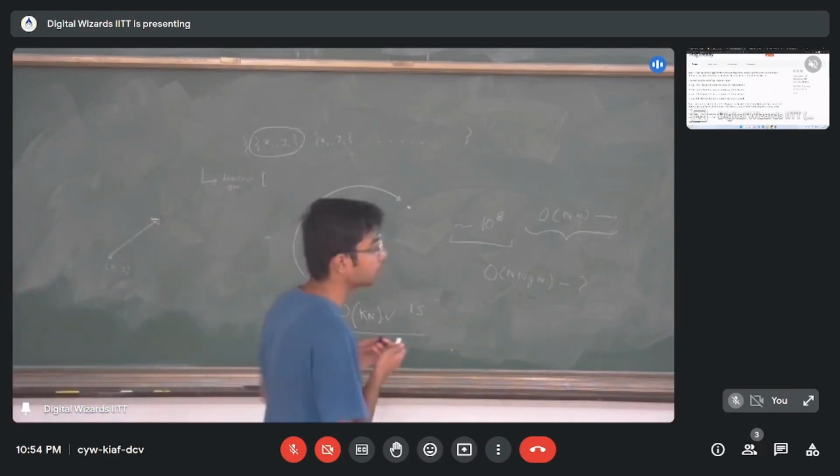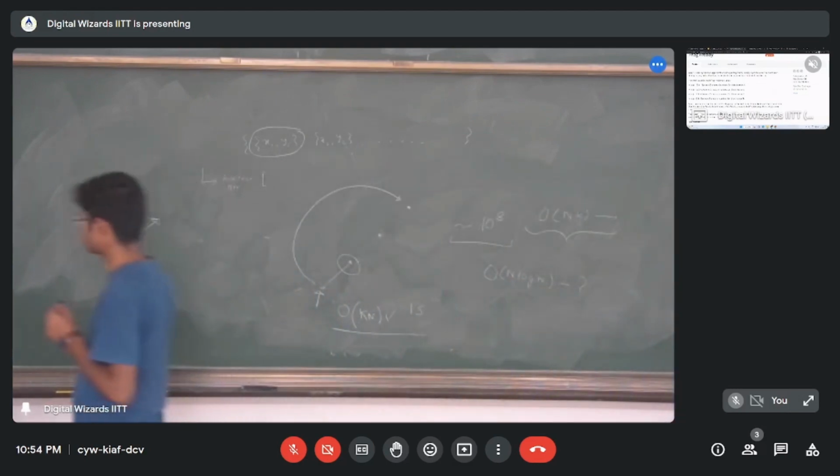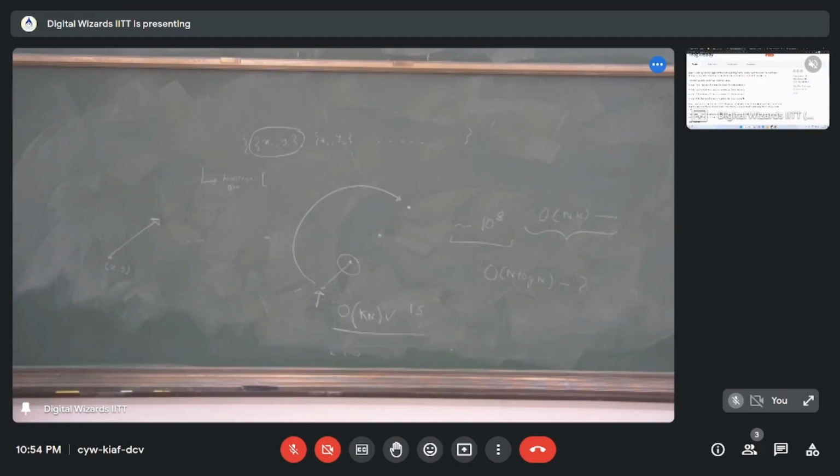So your first step would be to sort out the points that are along this direction. How can I do this? Remember, you're always taking a D step here, another D step here.